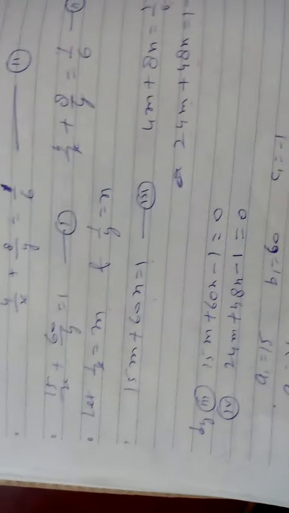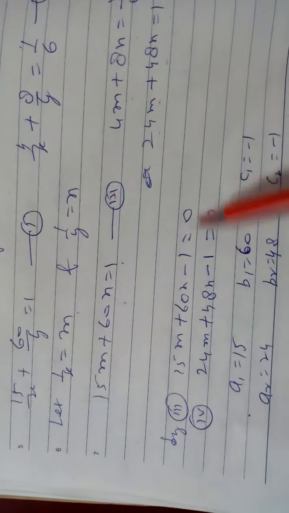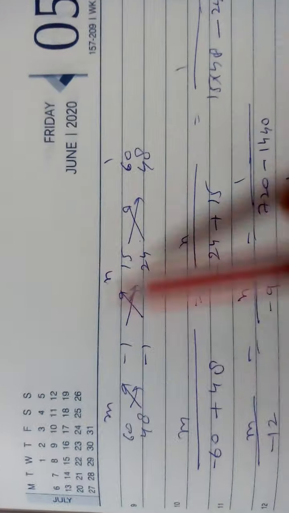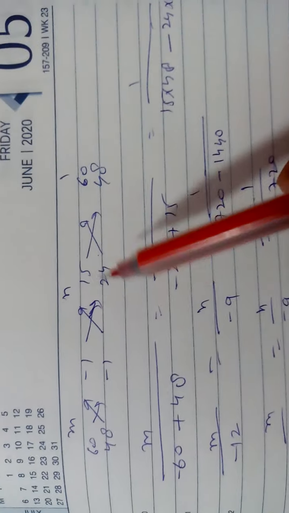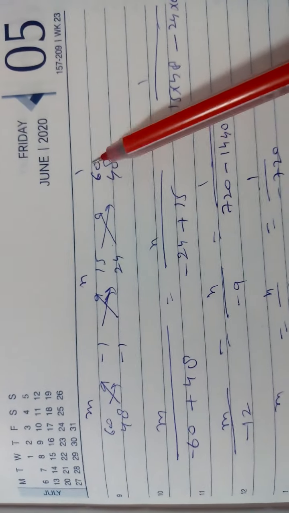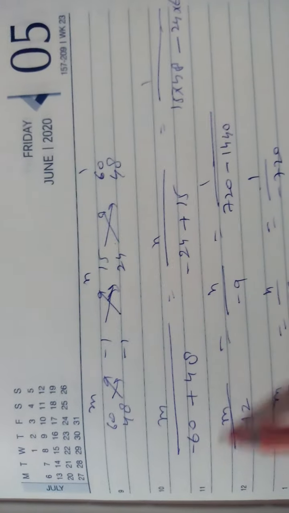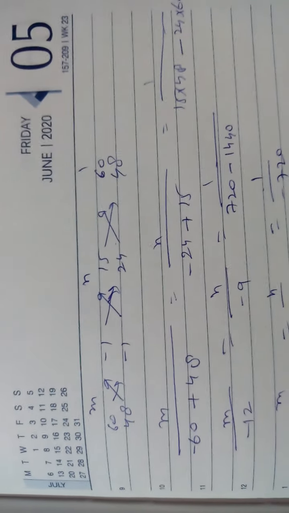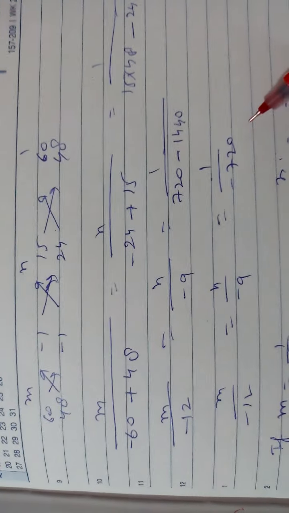By the cross multiplication method I am solving. First write in standard form: a1, a2, b1, b2, c1, c2. At the place of x, y, you write m, n because your variable is m, n. Cross multiply, I am getting these values. 60 into 1 minus this. Now this you solve and get your answer.